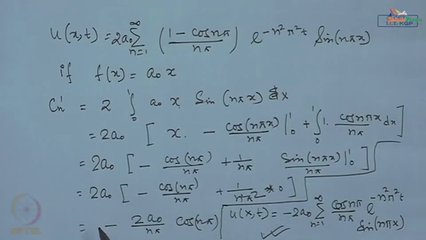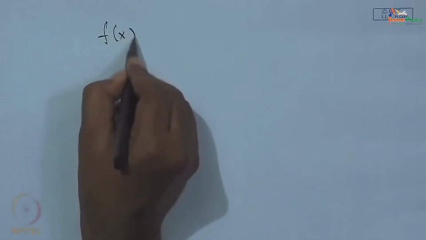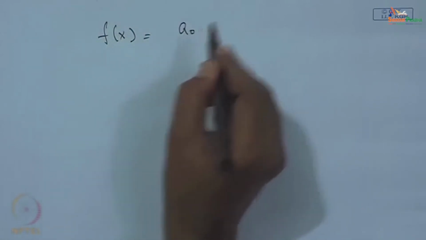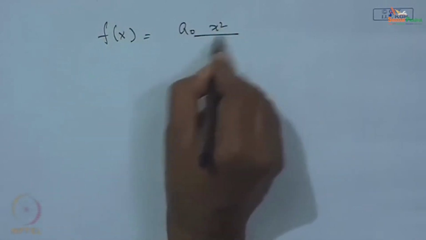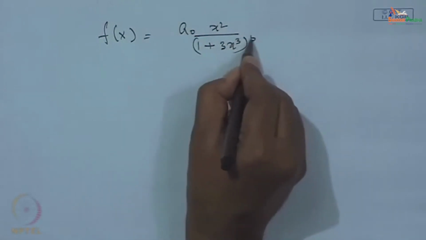On the other hand, if f(x) is a complicated function, an analytical solution by using integration by parts may not be possible. For example, a case like f(x) equal to a0 x square divided by (1 plus 3 x to the power 3) raised to the power 5.